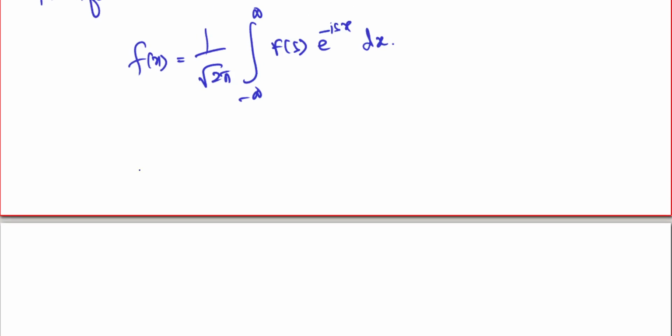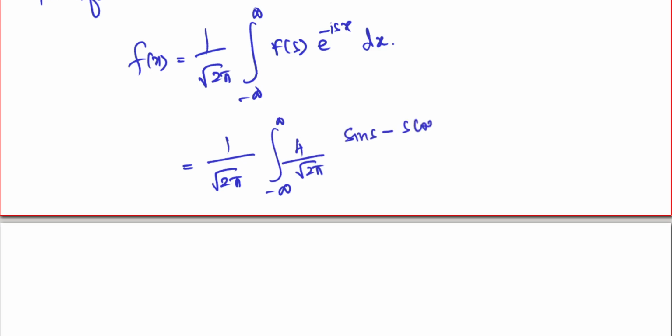Now, because of this, what can we do? Because of this, we can write this as equal to 1 divided by square root of 2 pi into the integral from minus infinity to infinity of 4 divided by square root of 2 pi into sin s minus s cos s divided by s cube, right?